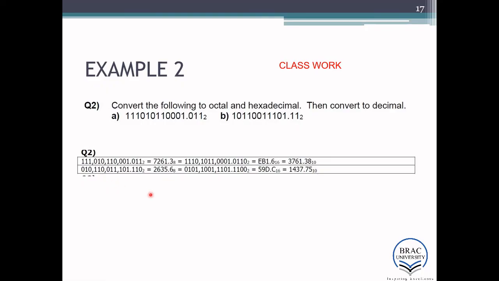The second part is the same: decimal to octal, octal to binary, binary to hexa. When converting binary to hexa, make groups of 4 bits and write the equivalent hexa. And again hexa to decimal. So just divide by 10, you get the hexa to decimal for both cases. I suggest you try to do it by yourself and check with the solution here.